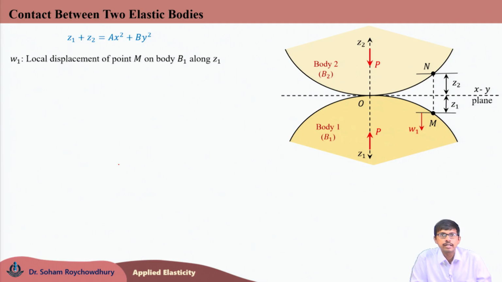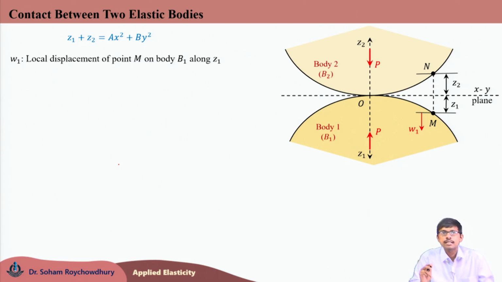Now, moving forward, considering W1 to be the local displacement of point M, this is the condition once the load P is applied. The previous one was in the unloaded case, where just 2 point contacts are there. Now, once we are applying the load, there would be local deformation of points M and N, which we can obtain by using the elastic half space deformation theory.